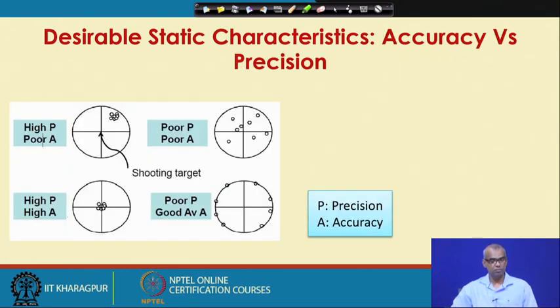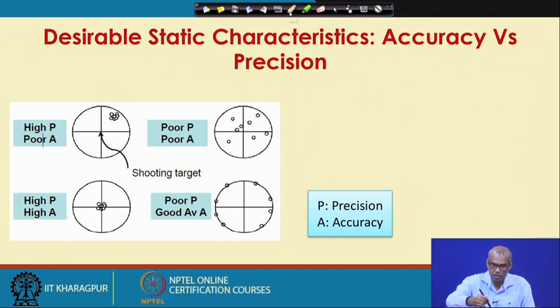Let us consider an example to understand the difference between accuracy and precision. Once again, we defined accuracy as the closeness of the measured value to the true value, whereas precision is the agreement among the measurements themselves.